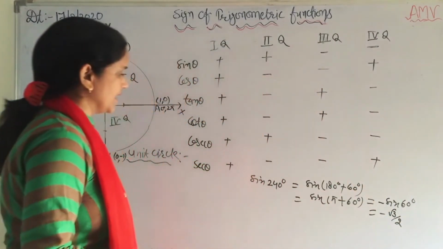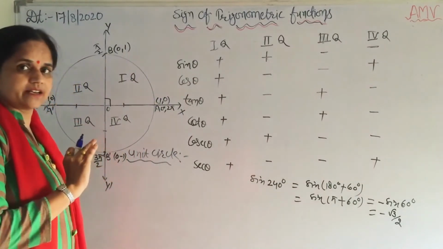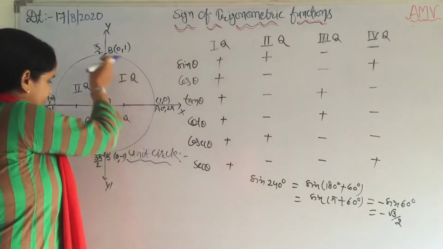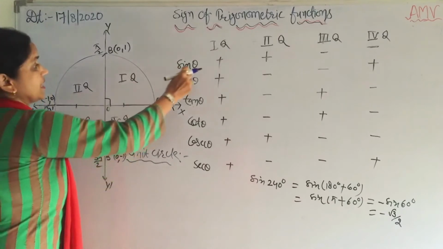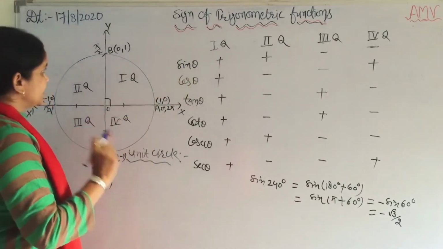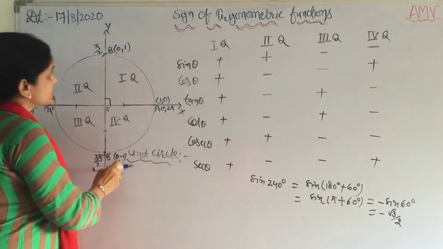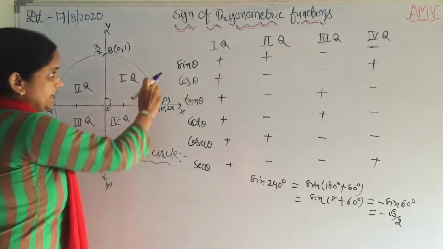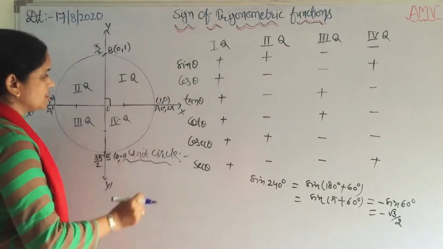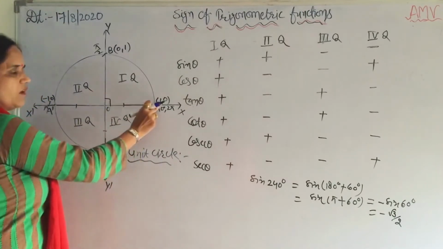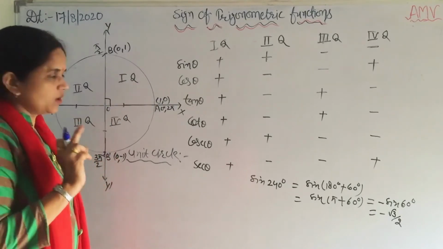The second thing you should observe is that the range of sine, cos and any trigonometric function we can find from this unit circle. The values of the sine function vary from -1 to +1 only. So the range of sine is -1 to 1, and the range of the cos function is also -1 to 1.